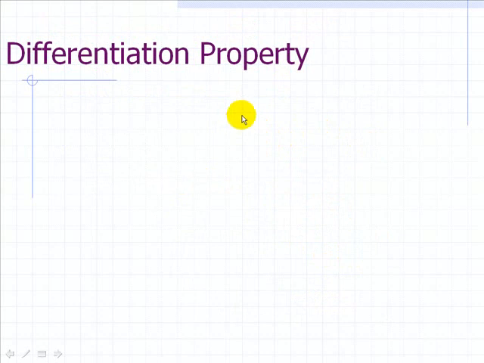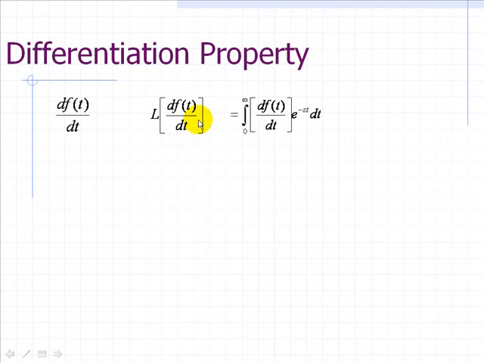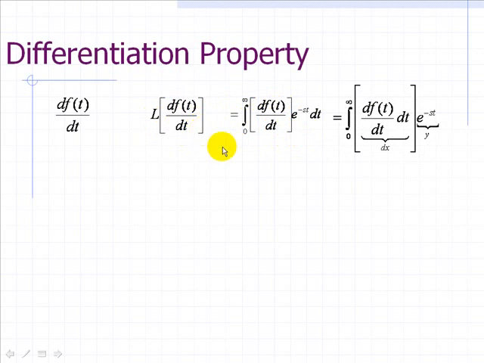Next, we'll look at the differentiation property, which was governed by this: the Laplace transform of df dt. By definition, it goes from 0 to infinity, df dt times e to the minus st dt. That's just the definition of this Laplace transform operator. Again, we're going to do integration by parts, where dx is defined as follows, and y is defined as e to the minus st. As a reminder, this is what we'd have for integration by parts.